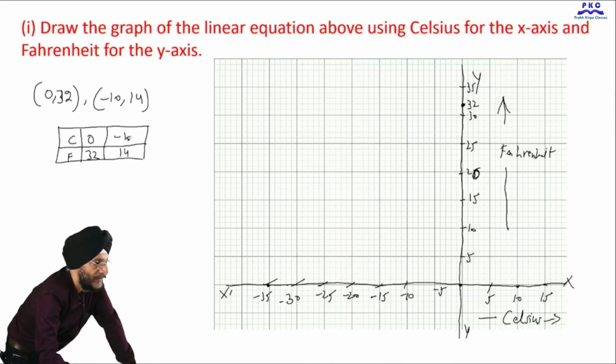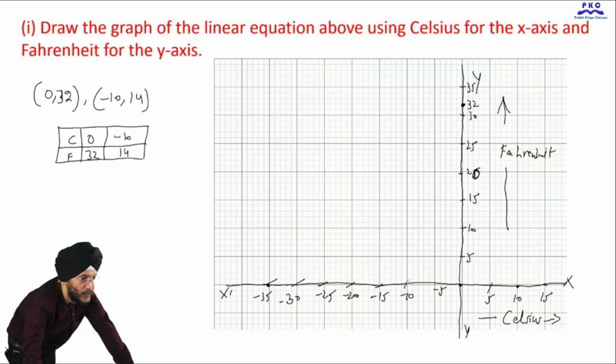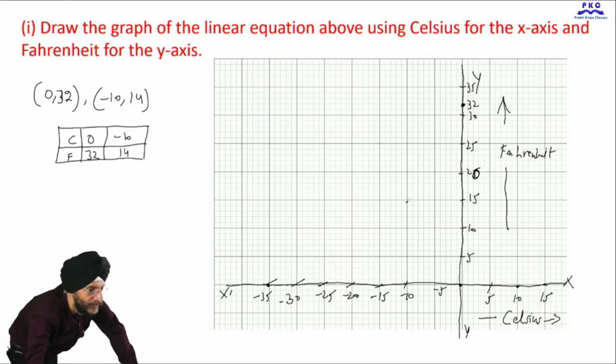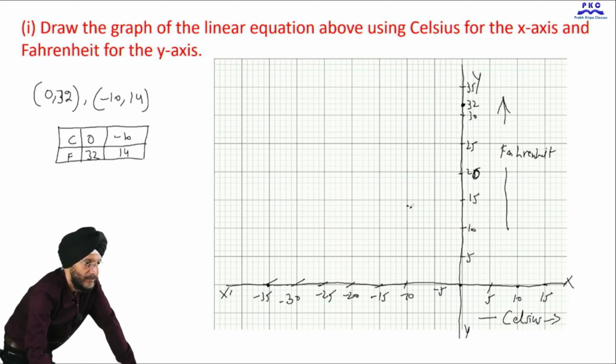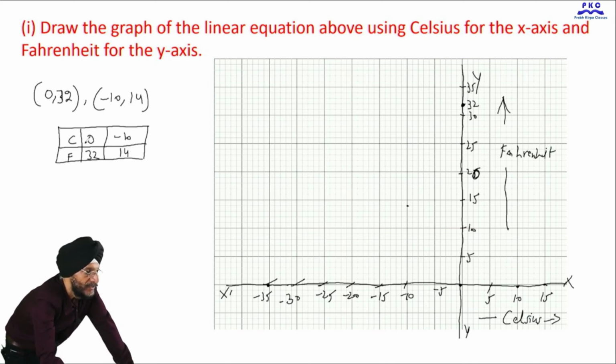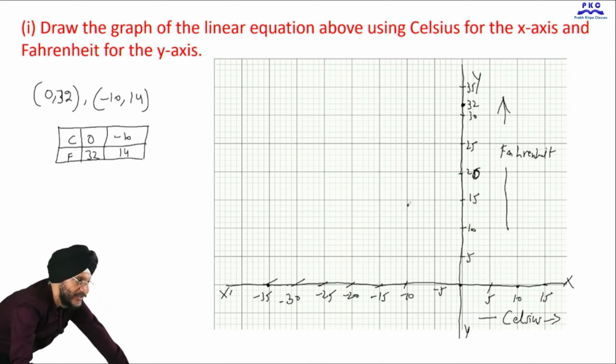Next, value of C is -10. So here it is -10. Fahrenheit is 14. So here the 14 comes. So when Celsius is -10, value of Fahrenheit is 14. So this is the second point.